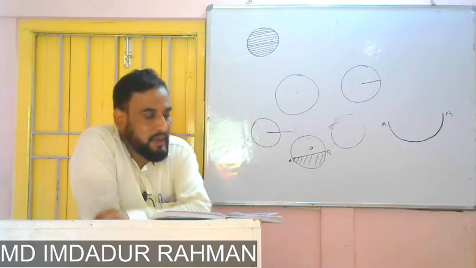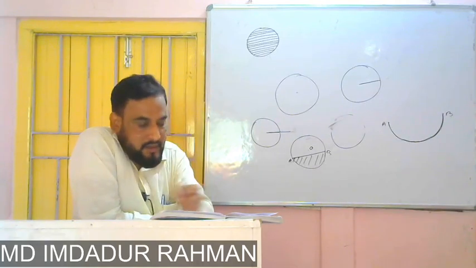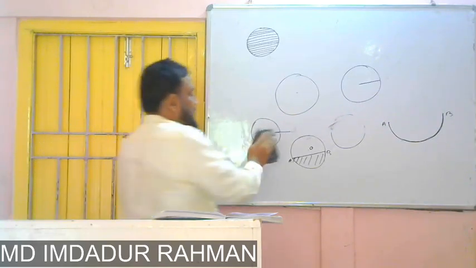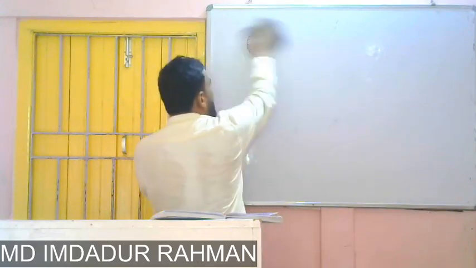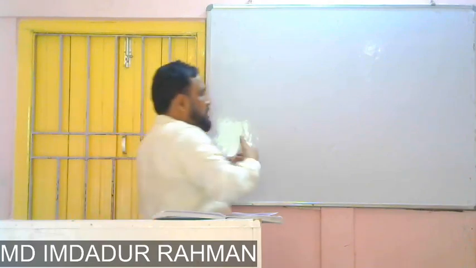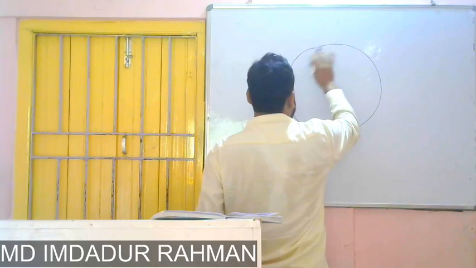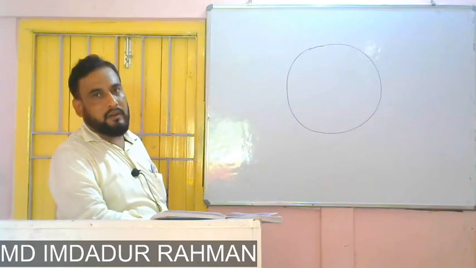Next question is, a circle divides a plane on which it lies in dash parts. A circle divides a plane on which it lies in how many parts? Just I am drawing it for better understanding. Suppose this is a circle. I drew this circle in the plane.